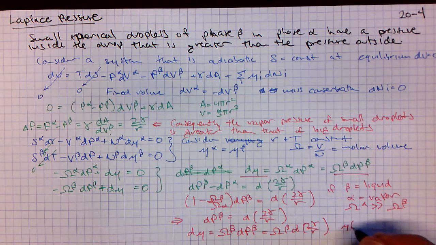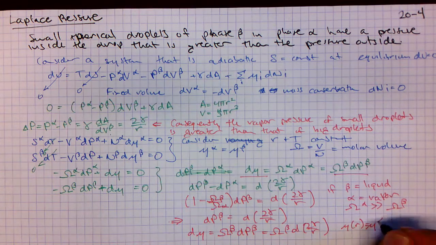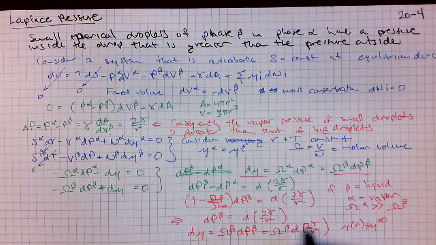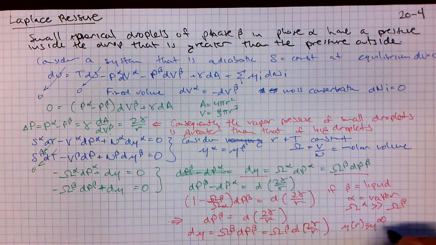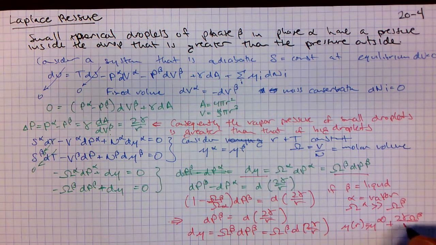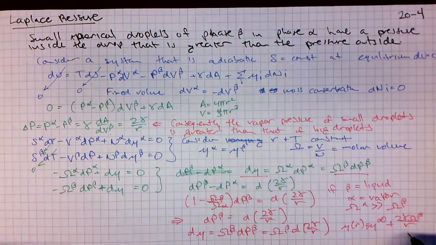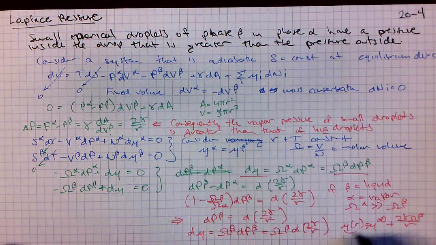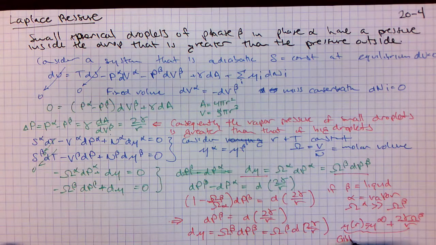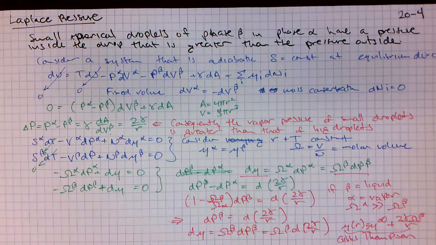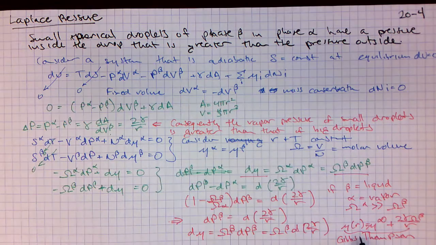So mu as a function of r is going to be equal to mu for the infinite size drop, because that'll be the flat surface, plus 2 gamma omega beta over r. And this is what's known as the Gibbs-Thomson equation. It gives us how the chemical potential of the drop depends on the radius of the drop.